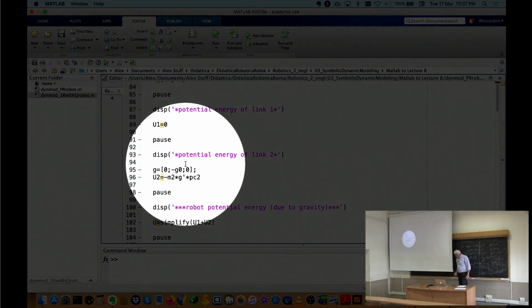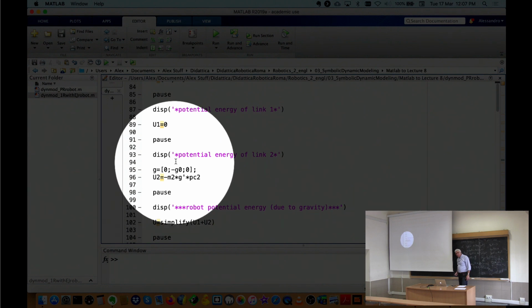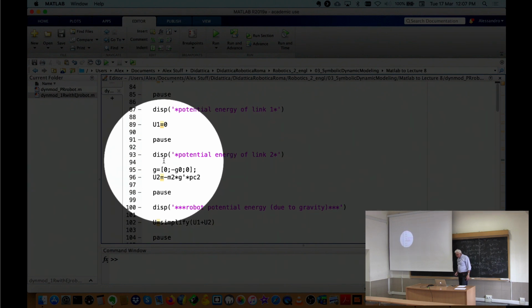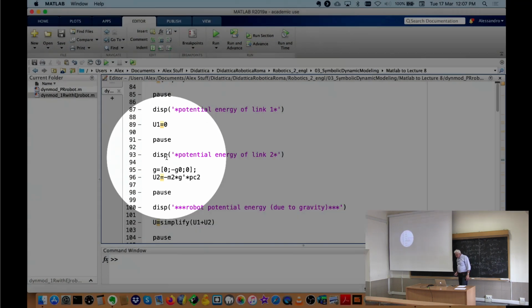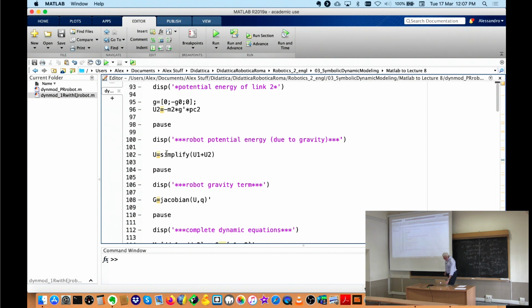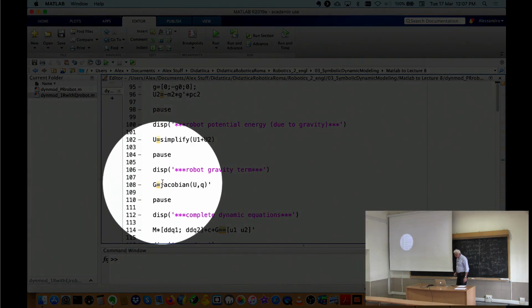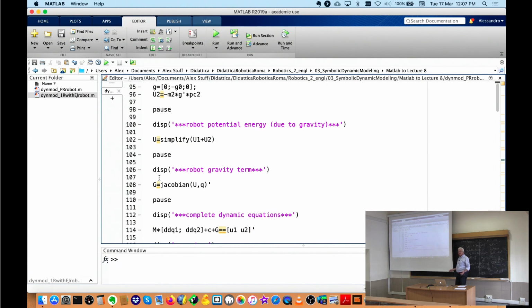While in the second case, I'm using the general formula: minus the mass of link 2 times the scalar product between the gravity acceleration vector and the position of the center of mass of link 2. And then you add up these things and you make the Jacobian of U, which is the partial derivative of U with respect to the q, and this will generate the g vector. Okay, and then you can organize everything together.